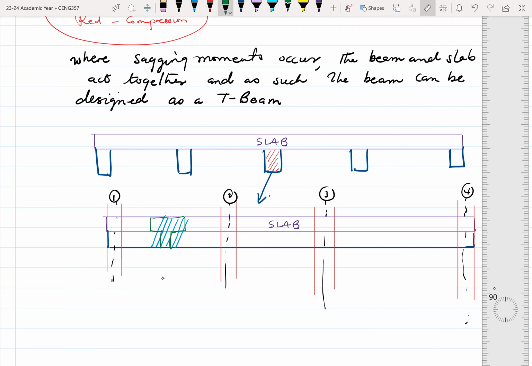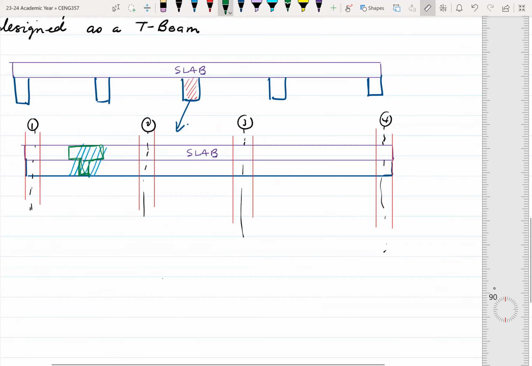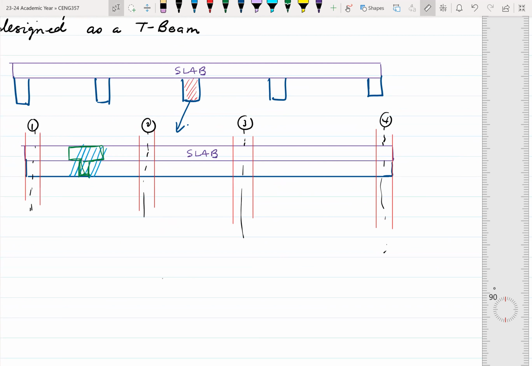That's the basic way to explain. It's easier to see in the cross section. I'm just trying to figure out how to draw it, but that's the idea.